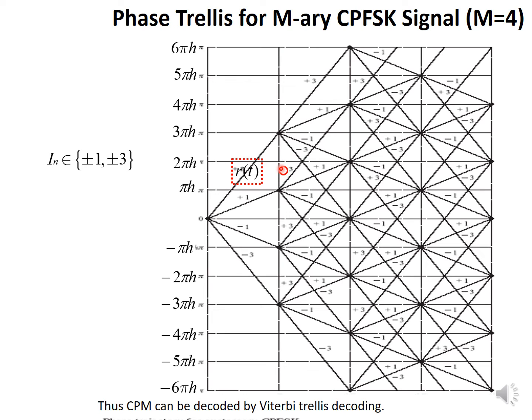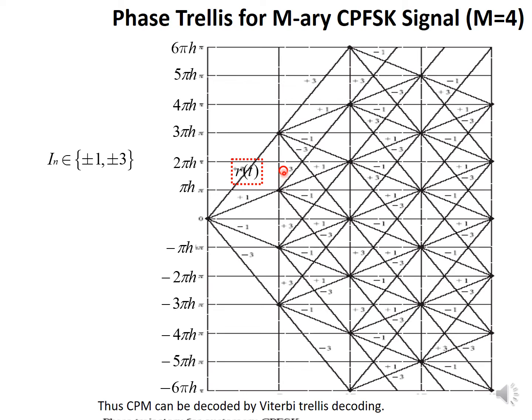Say this is the first received symbol, R1. It is not exactly the same as any of the 4 possible candidates.